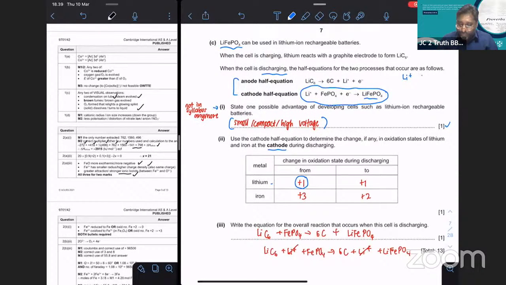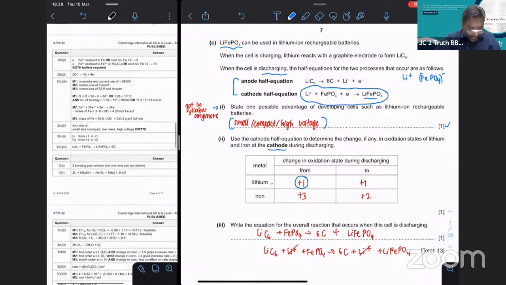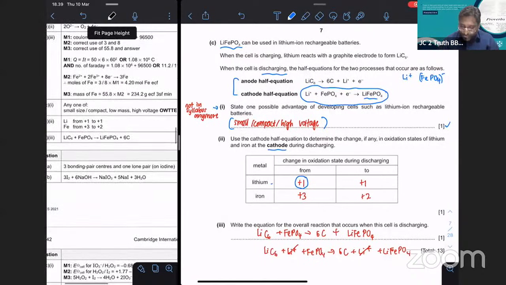So you have FePO4 minus. That's the only way that this thing can exist. So in this case, there is no change in oxidation number. You can see here, +1 to +1, no change. If it is +2, then you are going to have a different value.